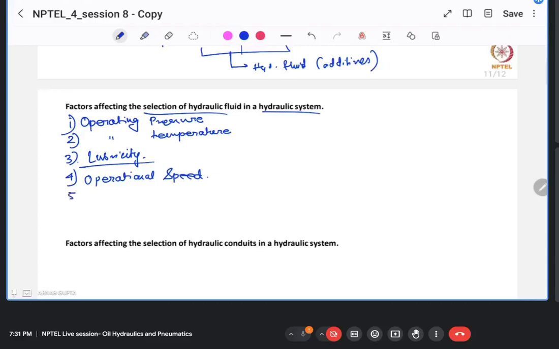Next is your contamination levels, like where you are using it. Then other factors are there like safety, then expected service life. I'm just including safety here only.